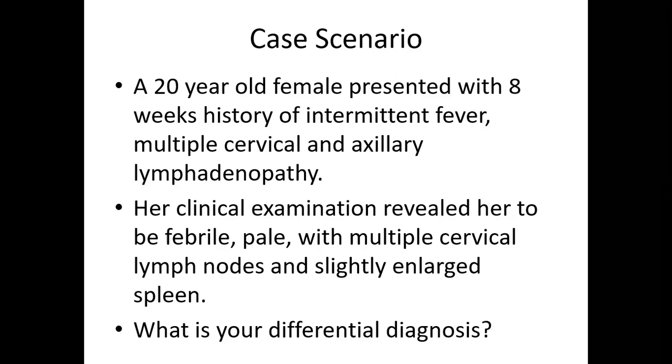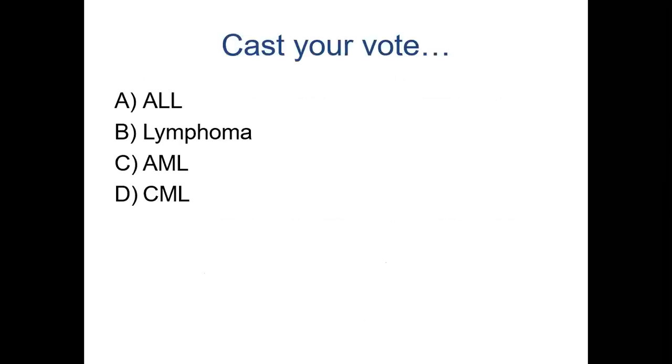As you can see from this scenario, the possibilities are either lymphoma, could be Hodgkin disease or non-Hodgkin lymphoma. Also, leukemia, acute leukemia, can be in the differential diagnosis. Also, chronic lymphatic leukemia can be in the differential diagnosis. So as you see, you can cast your vote.